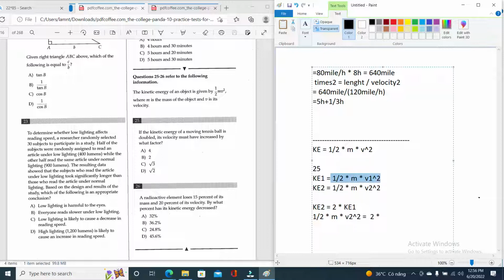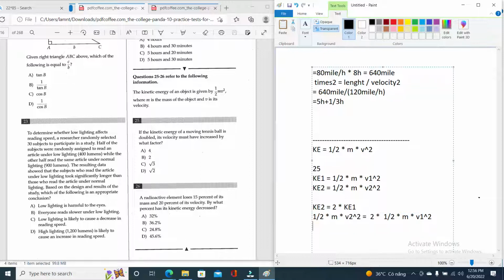Okay. Here we have 1/2 and m on both sides, so we're going to cancel them.